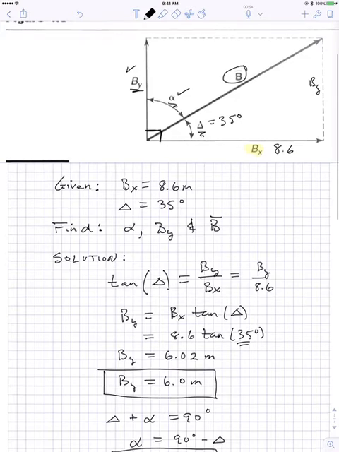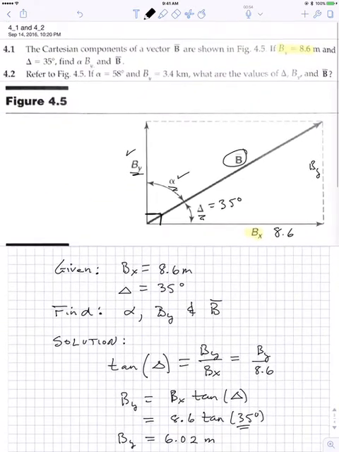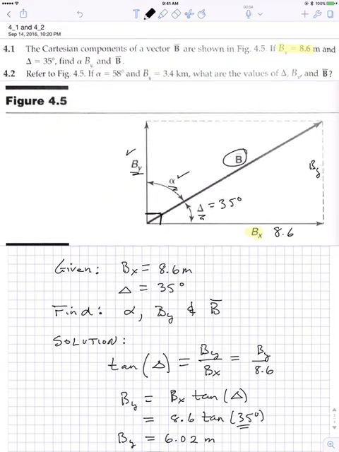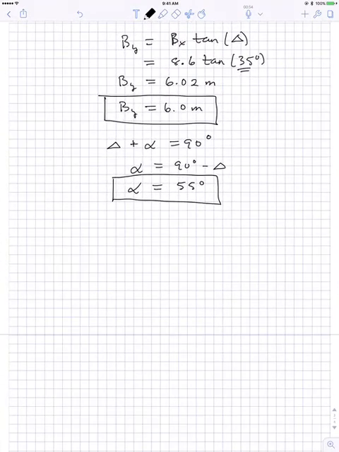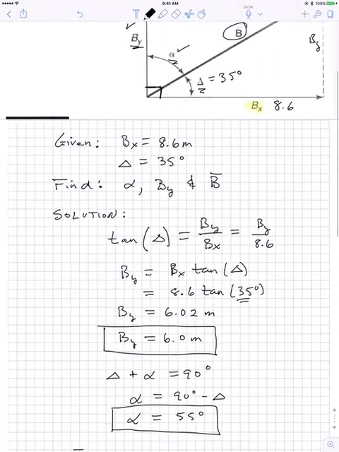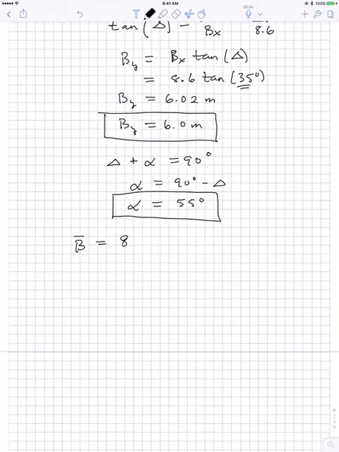All right, so as a vector, b is the x direction component. Okay, so that would be 8.6 i hat.